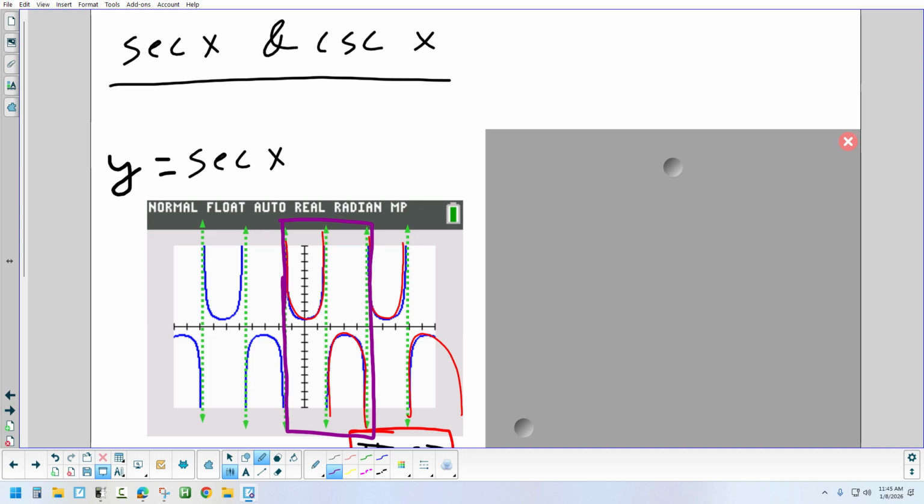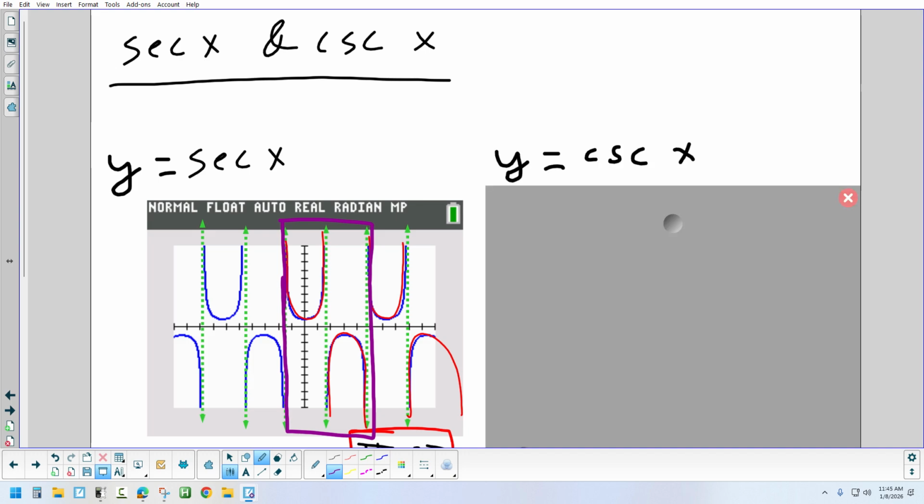And what's the connection between secant and cosecant? This one is 1 over what? Like how do you do secant on the calculator because you don't have a button for it?